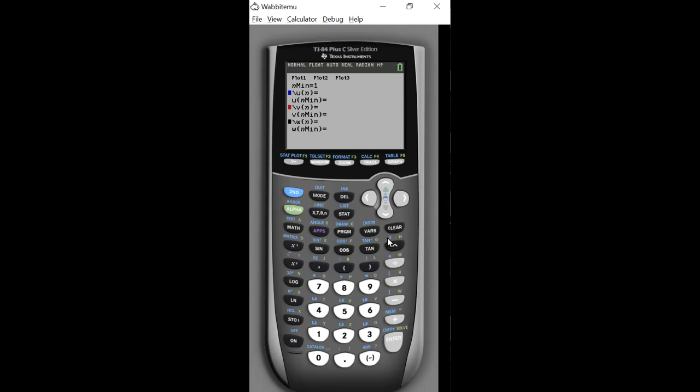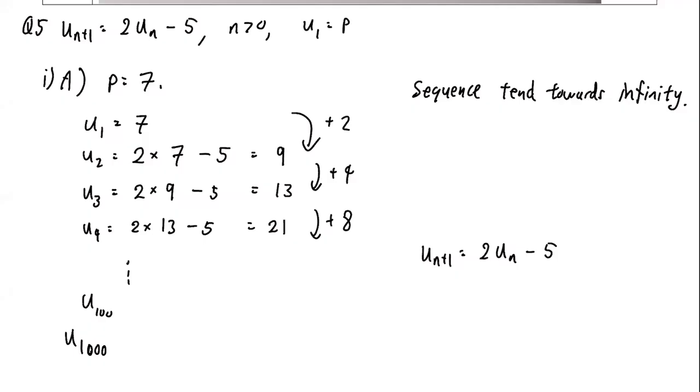How about u(n)? We know u(n+1) equals 2 times un minus 5. But on the calculator, unfortunately, they start with u(n). So that means your index number actually needs to subtract by 1. What I mean is, u(n+1) equals 2 times un minus 5, but you now need to rewrite it as un equals 2 times u(n-1) minus 5.